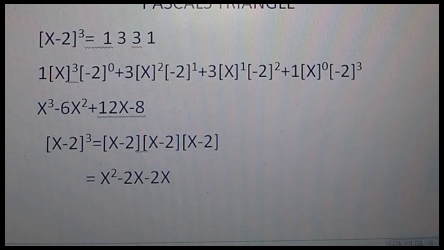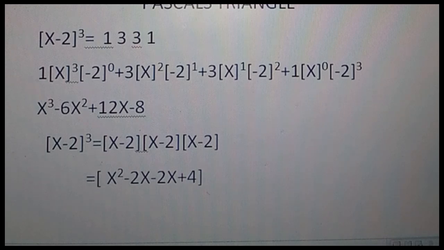Then negative 2 multiplied by negative 2 gives positive 4.